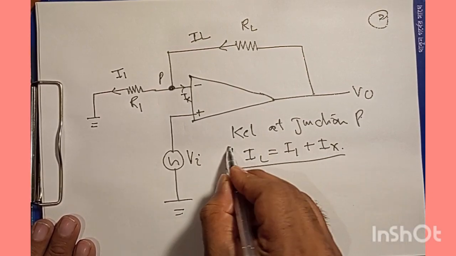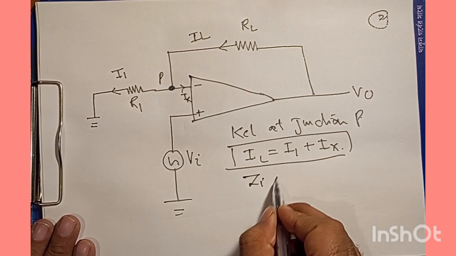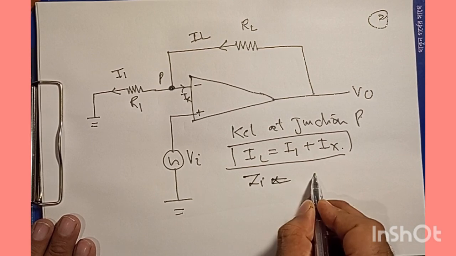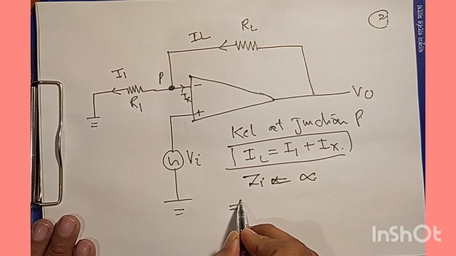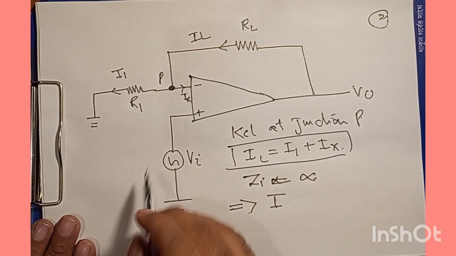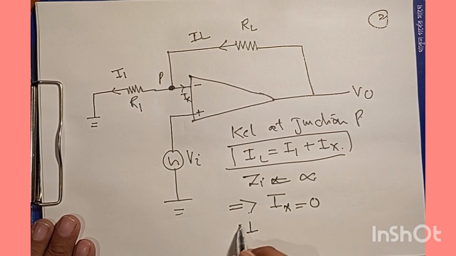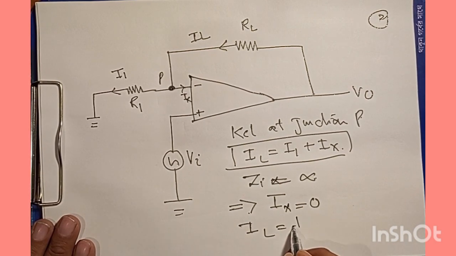Now we understand that the input impedance of the operational amplifier is infinite, so we can immediately say that the current flowing in this direction, Ix, must be equal to 0. So we are left with the equation IL equal to I1.